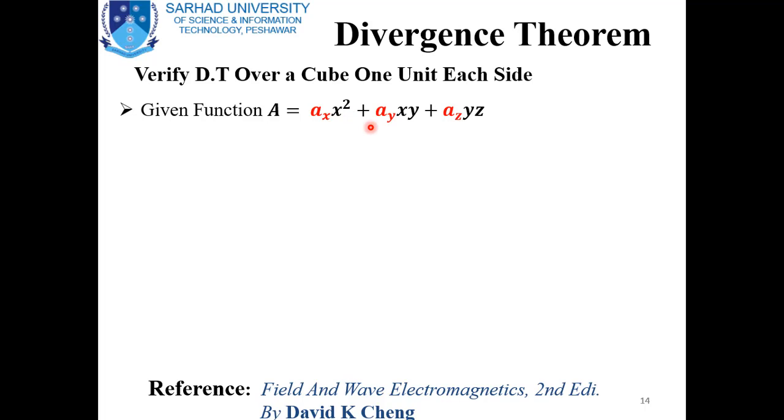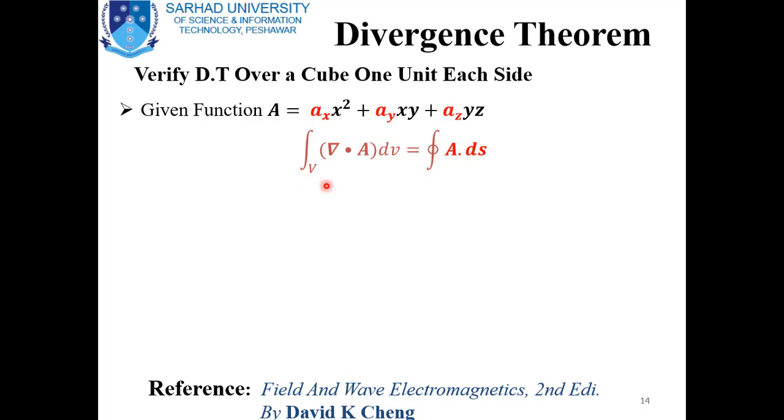The given function is in the Cartesian coordinates, and the mathematical expression for the divergence theorem is the volume integral of the divergence of vector A is equal to the surface integral of that function A through the closed surface which bounds this volume.